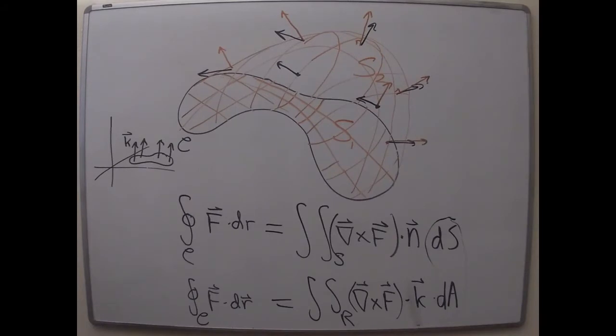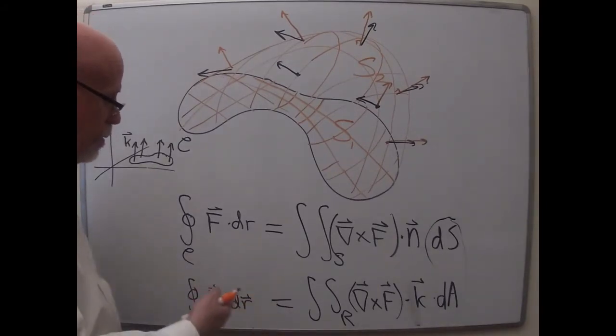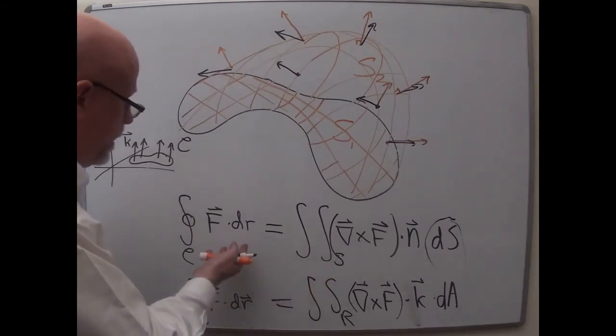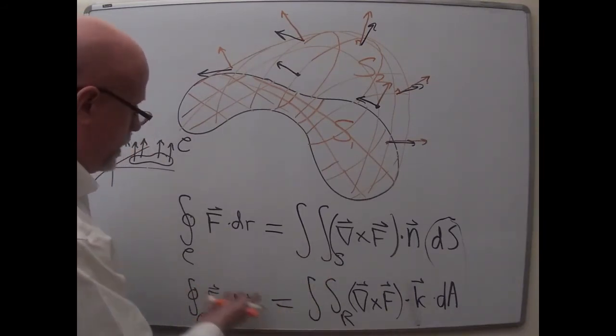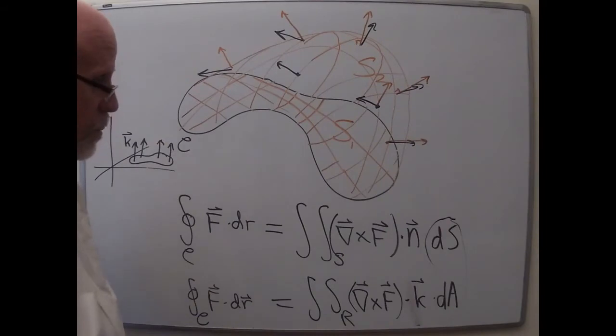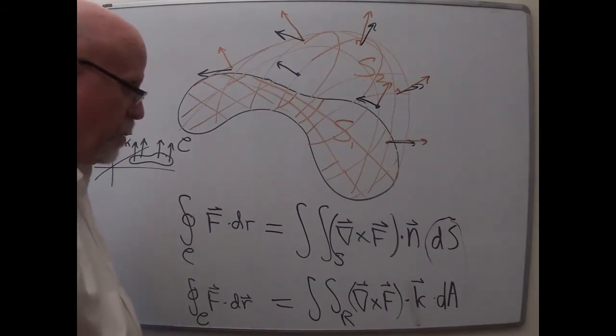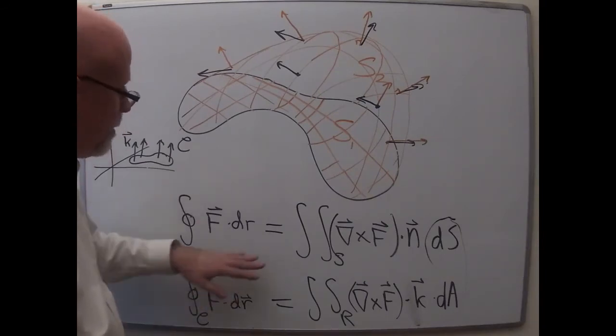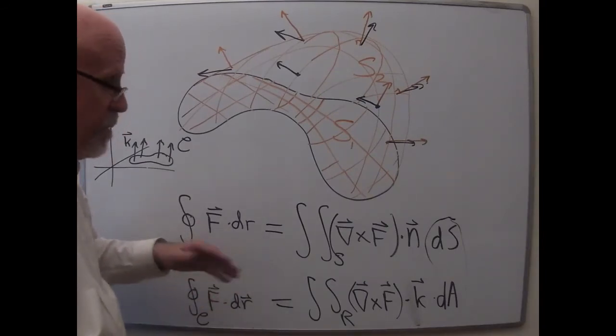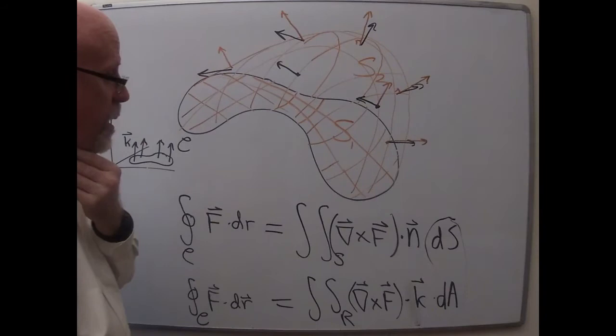Now what about the other version? Remember there's the circulation/curl version, which is what we've just seen. That's Green's theorem, and Stokes' theorem looks just like it. Well, the divergence form of Green's theorem doesn't have an analog for surfaces. You can't make it work.